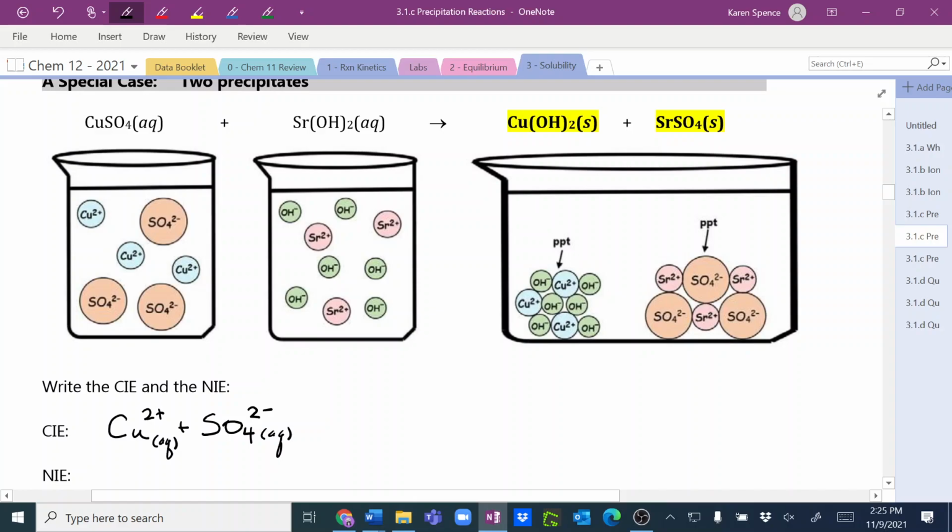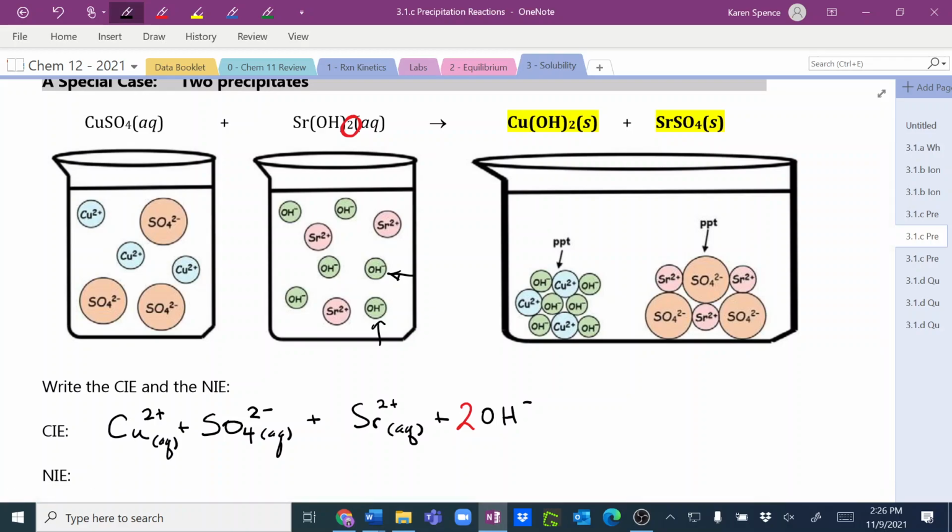And our other compound, we have strontium, which is a 2 plus ion, because it's in column 2. And you have to remember that you have that little subscript 2 there. How many hydroxides do we have? 2 hydroxides, and it goes as a coefficient because they are floating around separately from one another. They're not attached.